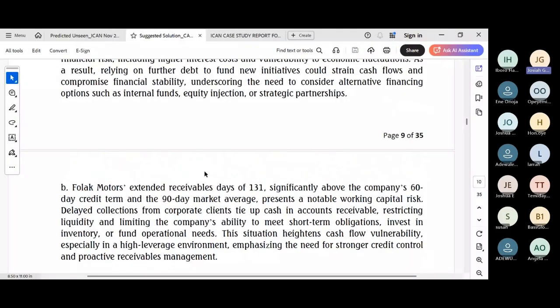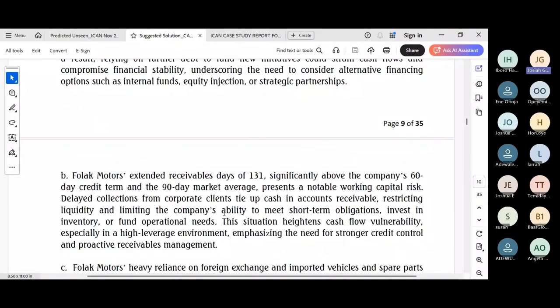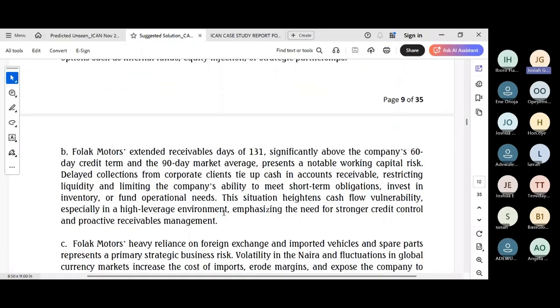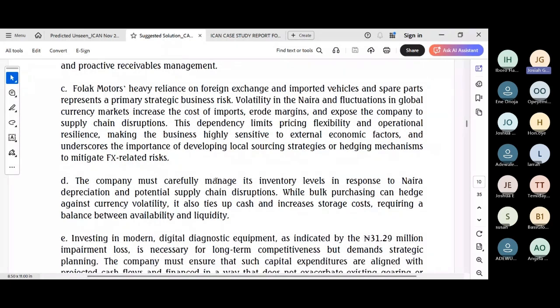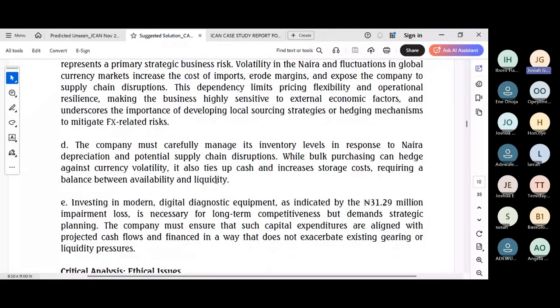So this is another challenge we're speaking to as an issue. Number 3 is the heavy reliance on Forex and imported vehicles and spare parts, representing a primary strategic risk. And we said this dependency limits pricing flexibility and underscores the importance of developing local sourcing strategies or hedging mechanisms to mitigate FX-related risks. So this is also a challenge.